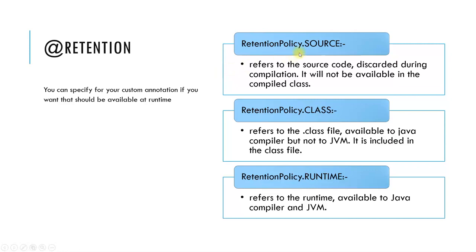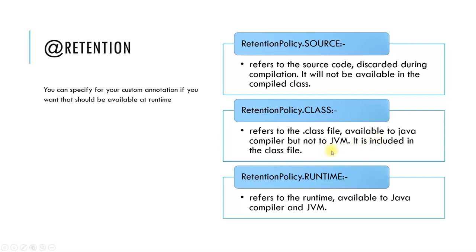So in this case, retention policy source means that it refers to the source code discarded during the compilation. It will not be available in the compiled class. Also, retention policy class indicates that this annotation refers to the class file available to Java compiler, but not to JVM.